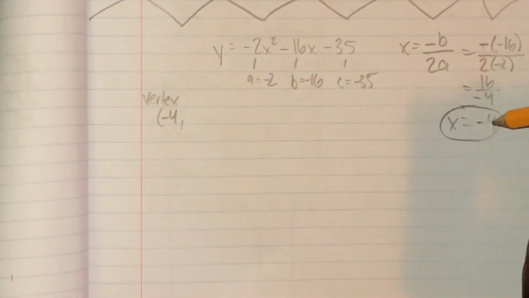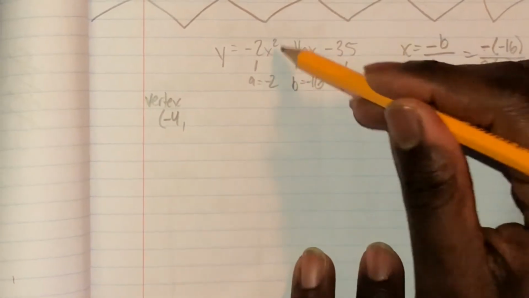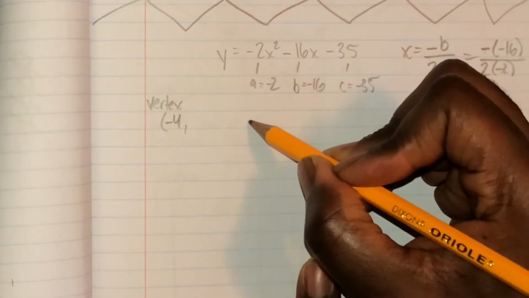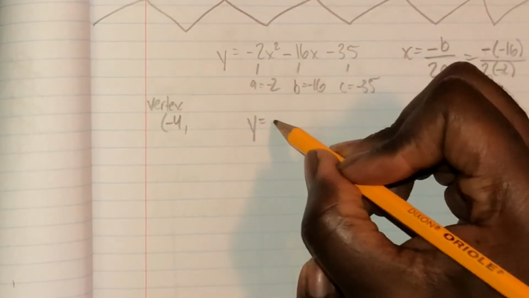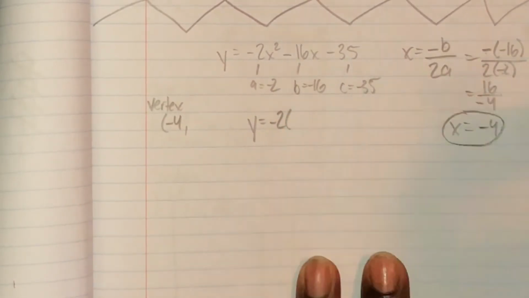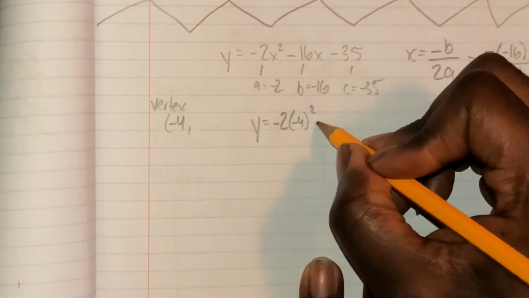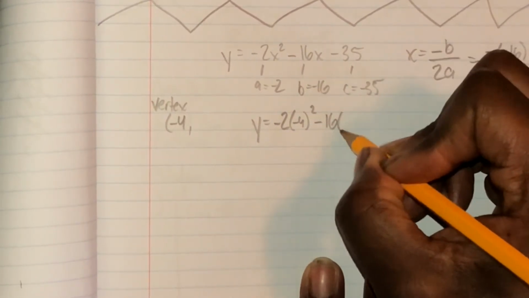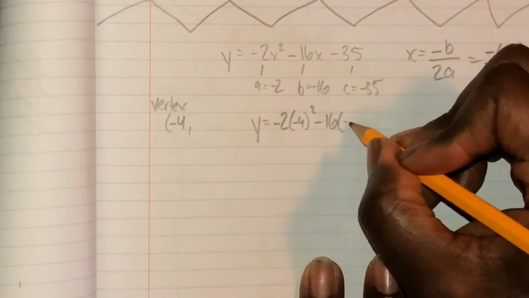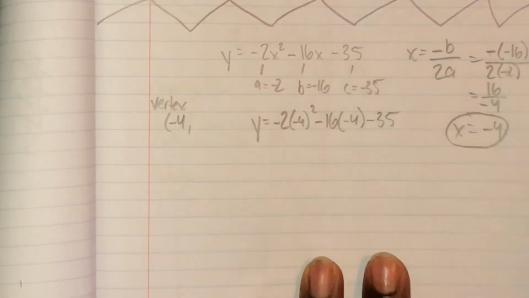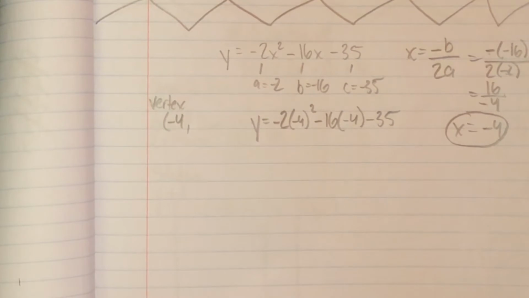And now I'm going to use this value to plug into this equation to find out what my y is. All right? So I have y is equal to negative 2, negative 4 there, squared, minus 16 times negative 4, minus 35. All right.